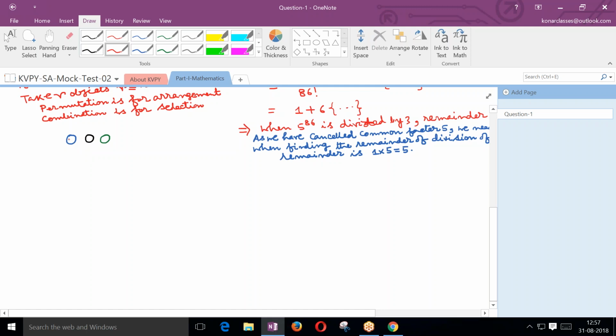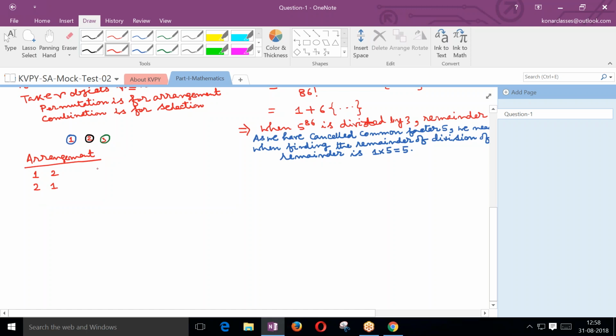Suppose I label the blue ball as 1, the black ball as 2, and the green ball as 3. If you take 2 balls out of these 3 and arrange them, how can you arrange? So here is the arrangement. We can take 1 and 2, then 2 and 1.